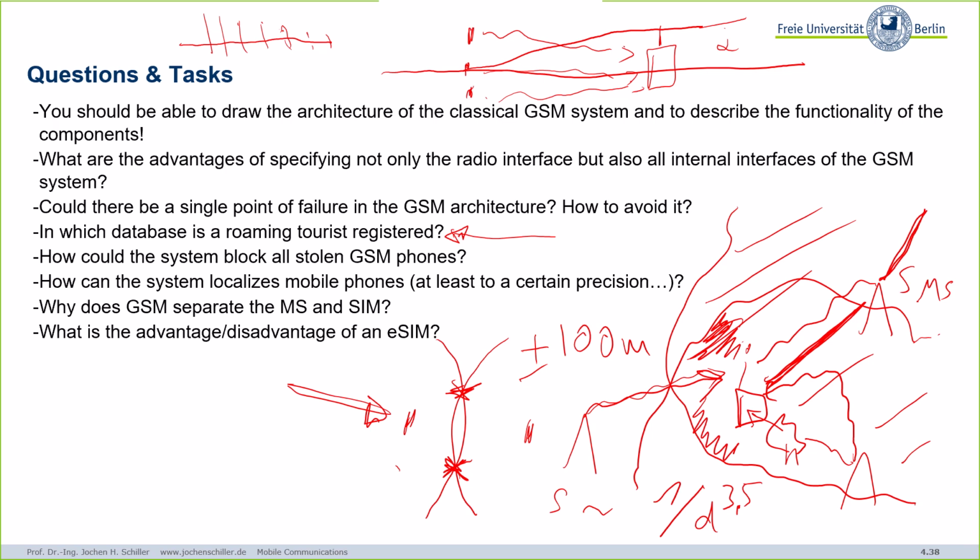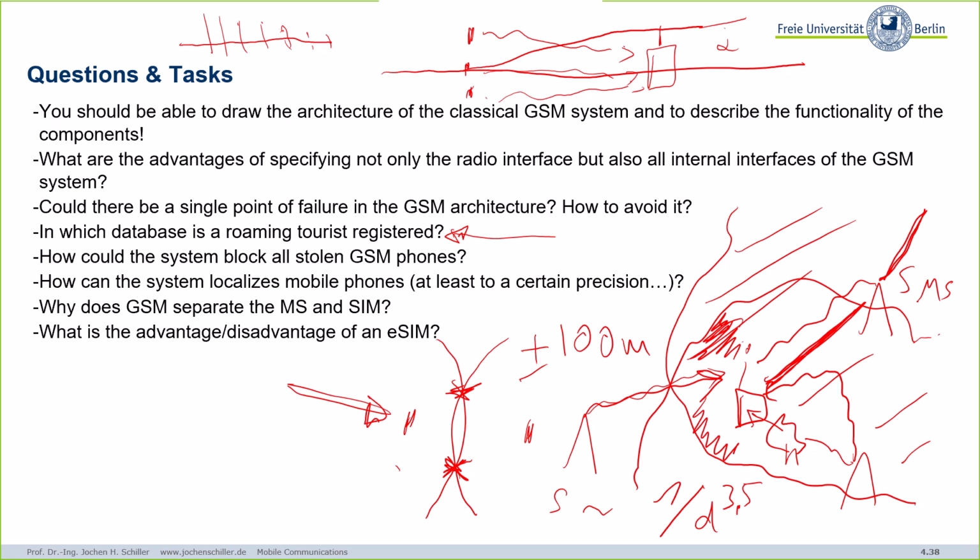So yes, the operating system can help, but the access to the SIM card can be done without the operating system. For example, without the operating system, you can download and install new software on the SIM, because the radio modem can directly talk to the SIM card.